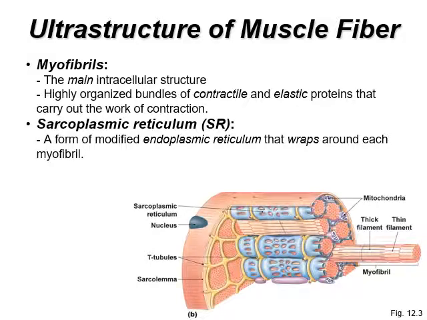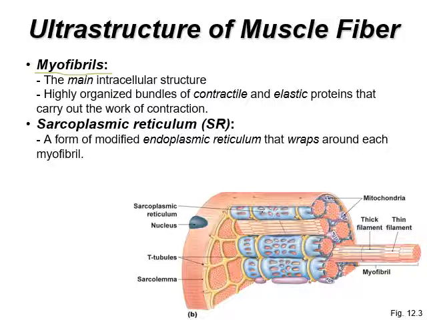So looking at an individual muscle fiber here, this is a blown up portion of that smallest component we saw in the previous slide. This is a cutout of an individual muscle fiber, so just one muscle cell. In here we're going to see the main structure of a muscle, the myofibrils.